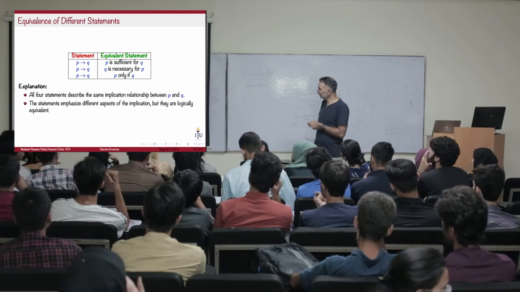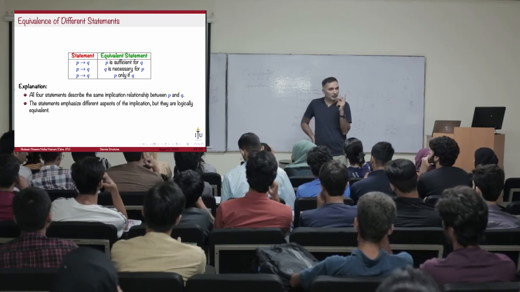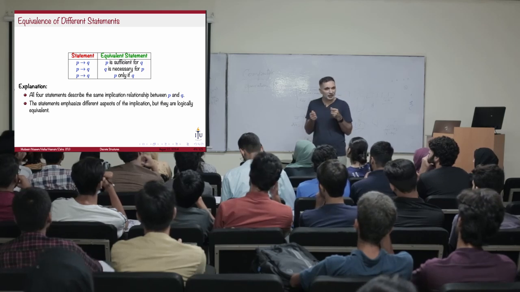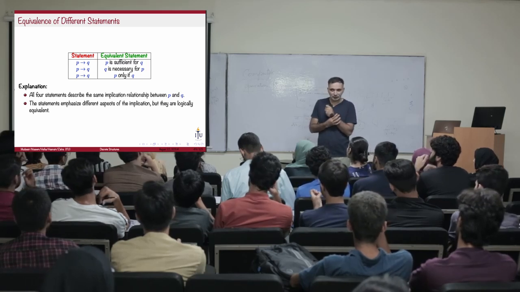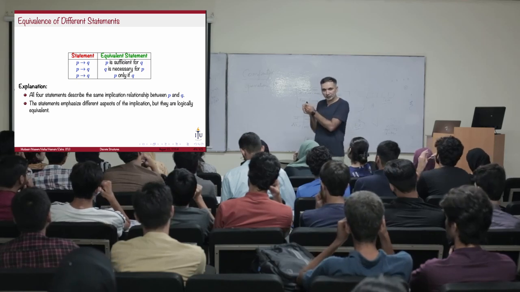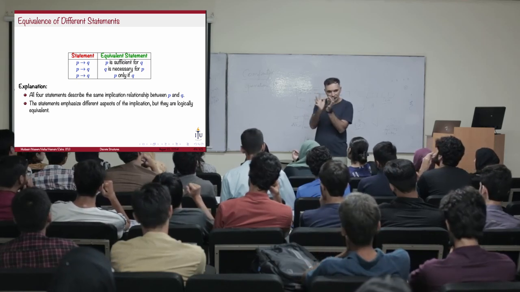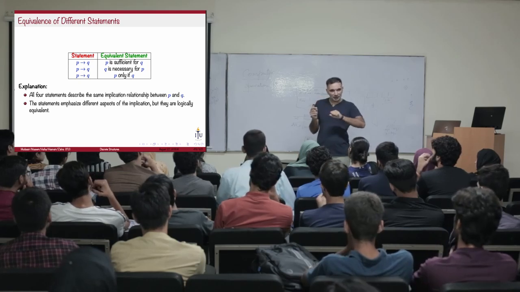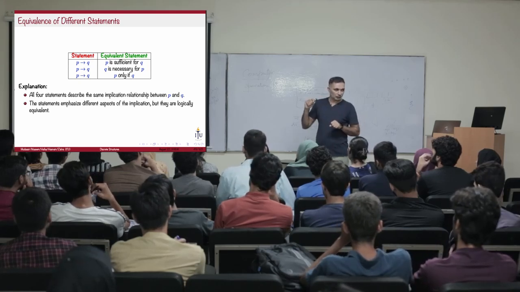But remember, the first 2 you cannot reverse. So for example, saying that Q is sufficient for P is not true. Q is not sufficient for P. When I say if P then Q, then P is sufficient for Q, which means that you don't need anything else apart from P for Q to be true.